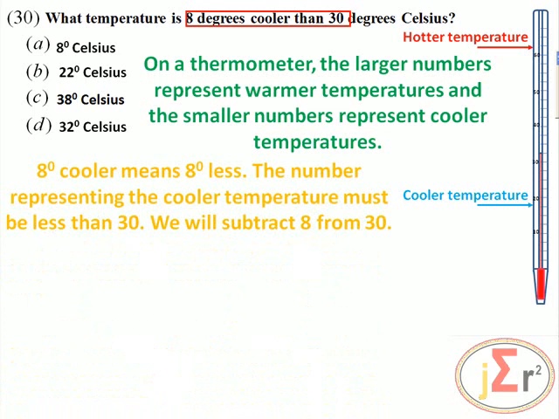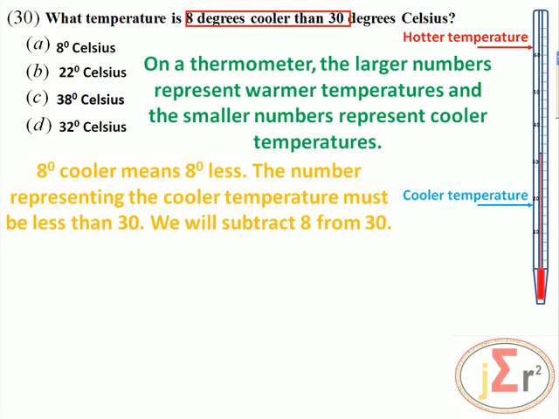8 degrees cooler means 8 degrees less. So if you are going cooler, the temperature is going down. The number representing the cooler temperature must be less than 30. We will subtract 8 from 30.